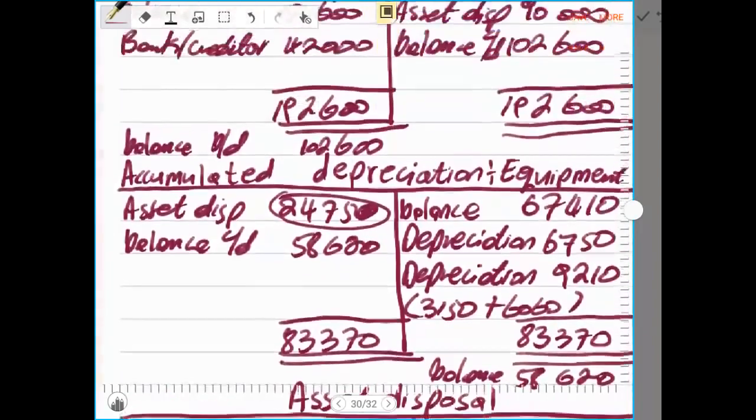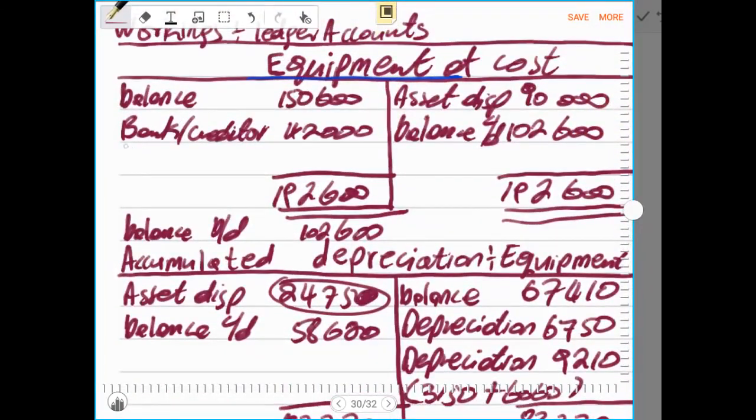We are not recording this under bank or either creditors because it was already recorded correct. The buying of this asset was correctly recorded. The reason why we remove it from there is because it was not there beginning of the year. So now we wanted to separate it, record it separately. The contra entry doesn't mean that our bank or creditors must be generalized.